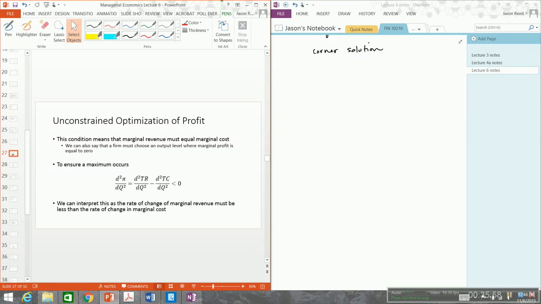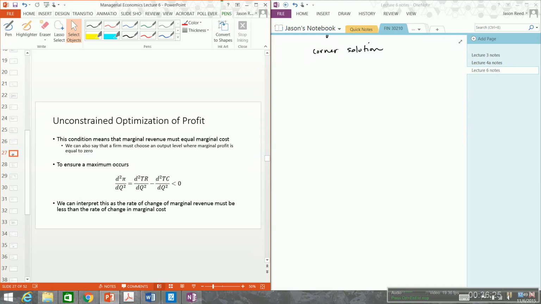And I think that's a good result because it coincides mathematically with the intuition we've learned in principles classes that almost all firms, I should say, in every market are looking for the point where marginal revenue is equal to marginal cost. So to ensure that this is a maximum, again, we want to verify this happens.